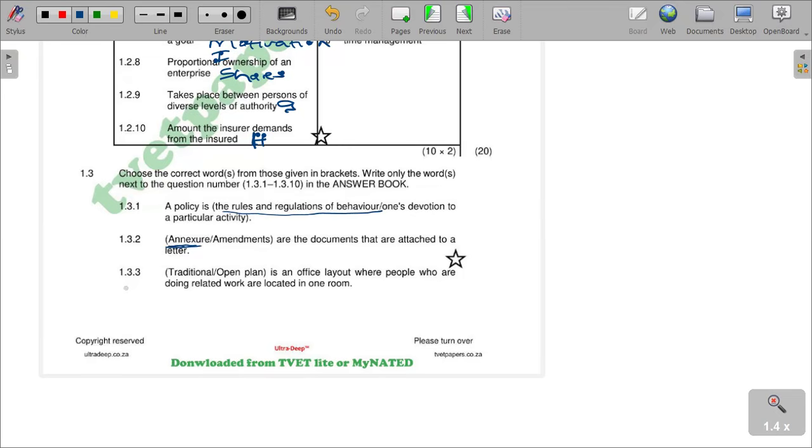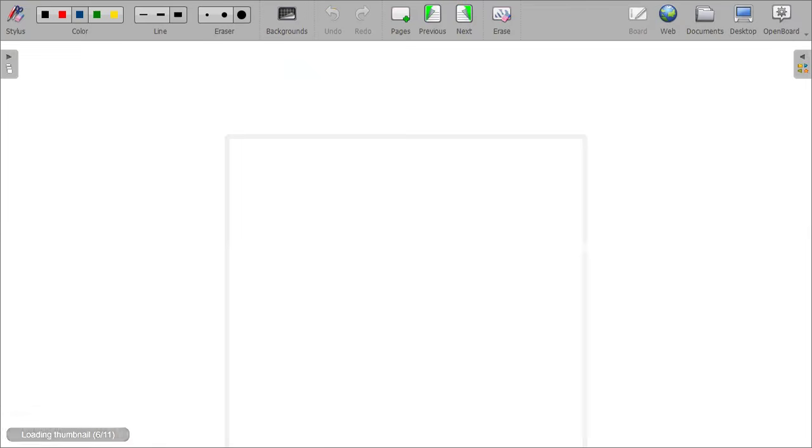1.33 is an office layout where people doing related work are located in one room. That's what you call an open plan. Let's move to the next question.